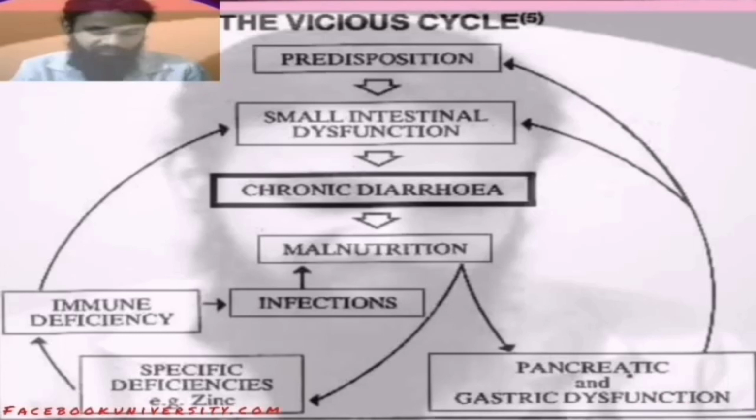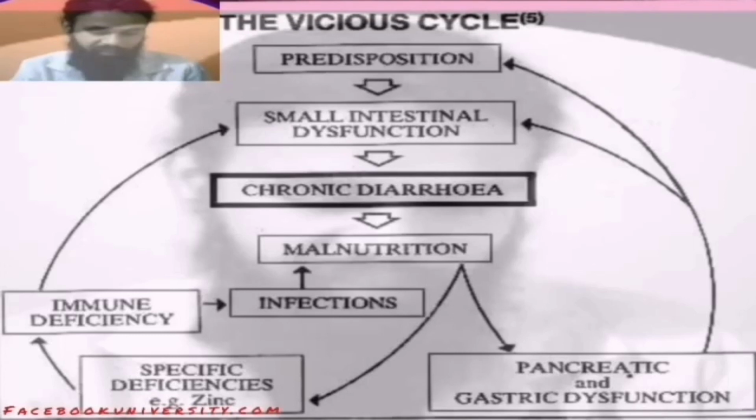and due to immune deficiency you will see bacterial sepsis, mostly E. coli and some other bacteria which are the causes of diarrhea, and again this diarrhea will lead to malnutrition.